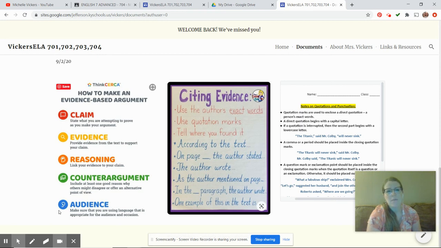One thing I do want to say, notice in this citing evidence part here in the middle, there is no mention of "I know this because." Don't do it. I'm talking to you. Don't write "I know this because." That is so elementary school.